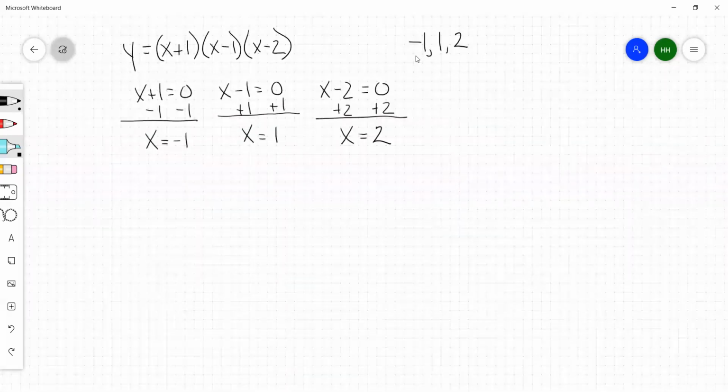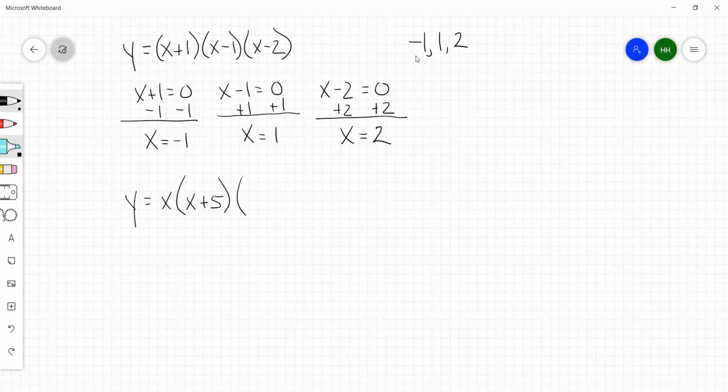All right, and one more of these. We got y equals x times x plus 5 times x minus 8. Again, you got 3 factors.